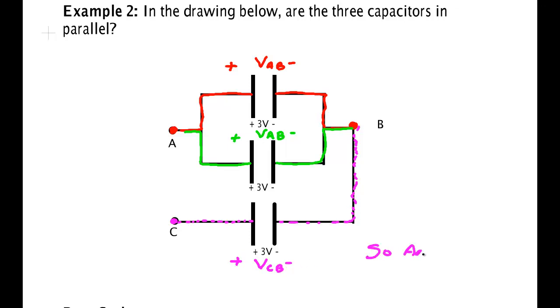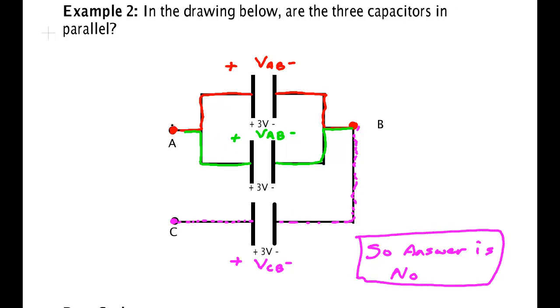So the answer is no. You have to pick your fingers up from points A and B in order to measure across this capacitor. The B finger can stay, but the A finger has to leave point A and move over to point C with your voltmeter to measure the voltage across the bottom capacitor. They are not in parallel.